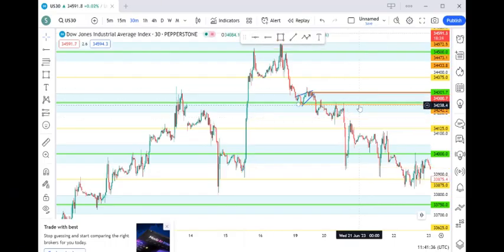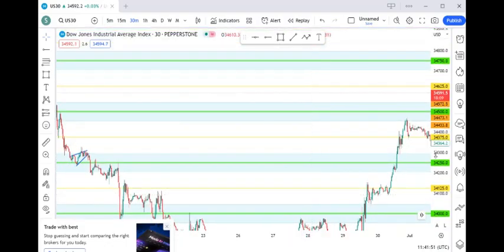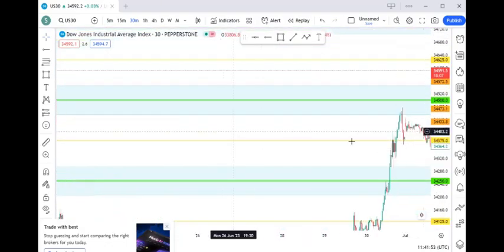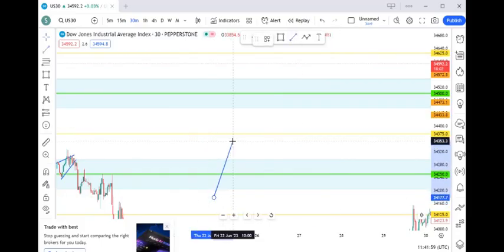And I'll give you another reason for tip of zone, key level, and mid-range. Let's get to a clean chart. Okay. So, for example, we've got a bullish flag here, right?